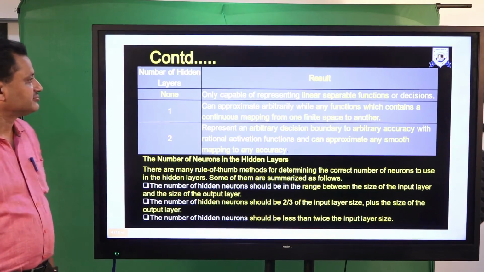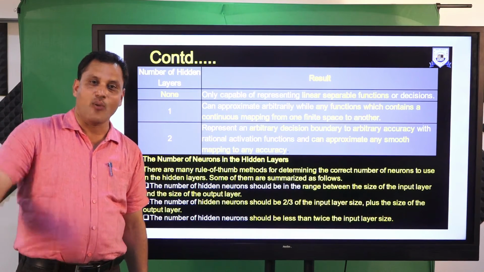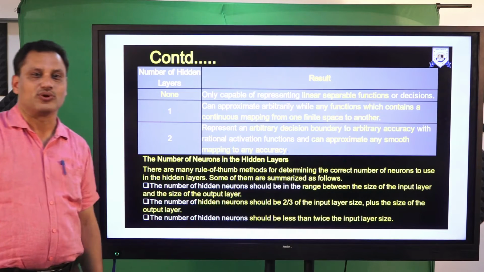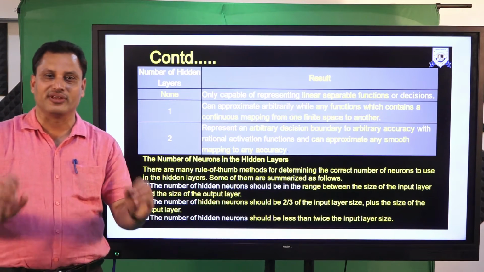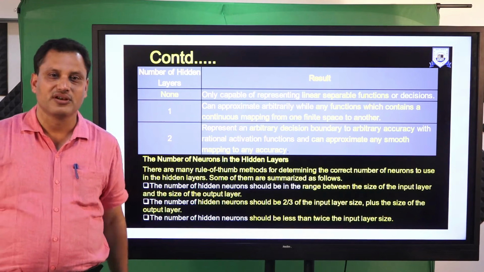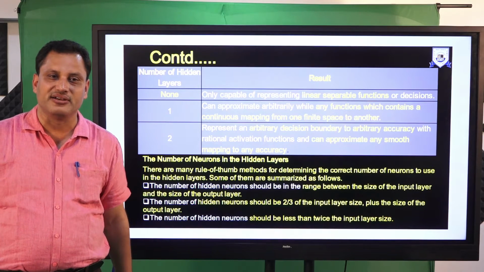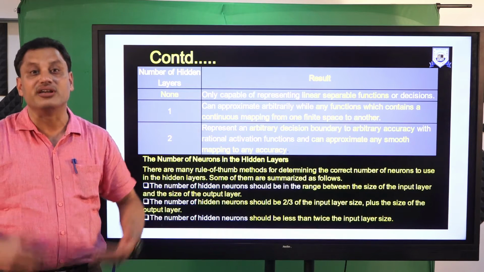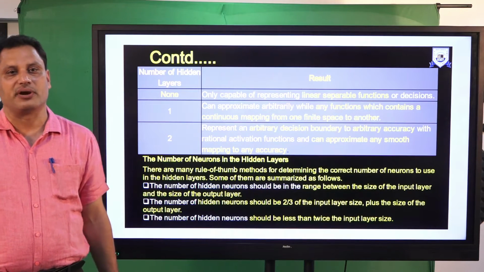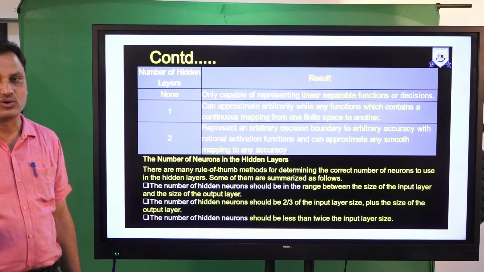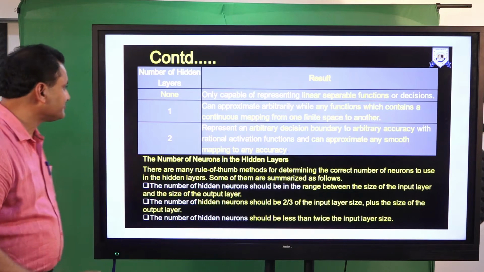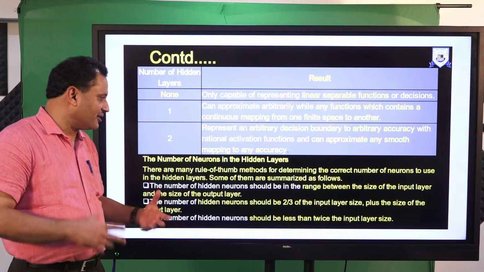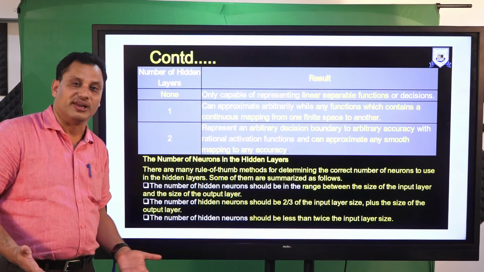Now, the $1,000,000 question. How many hidden layers will be there between the input layer and output layer? The answer is that nobody can say 1, 2, 3, 4, 5. Nobody can decide before simulating the exact behavior of the neural network, or before designing it, whether there will be 1 hidden layer or 2. But some people have written some thumb rules on the basis of experience only.